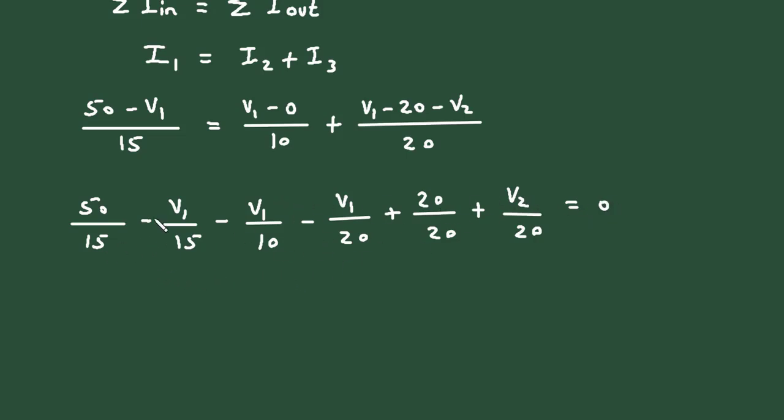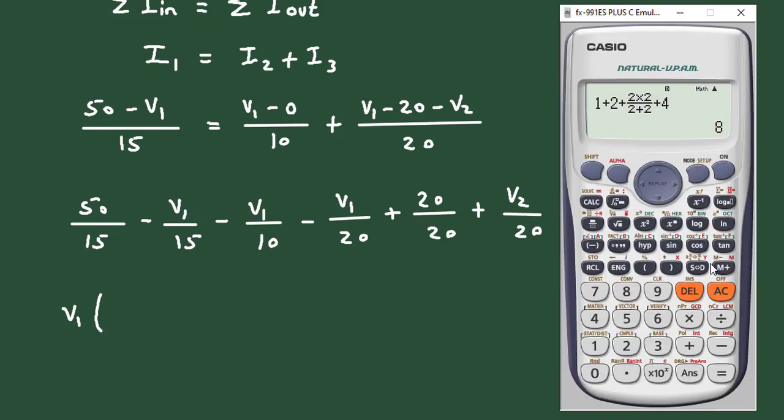Now let's take V1 common from here. So if we take V1 common, then it will be minus 1 upon 15, then minus 1 upon 10, then minus 1 upon 20.